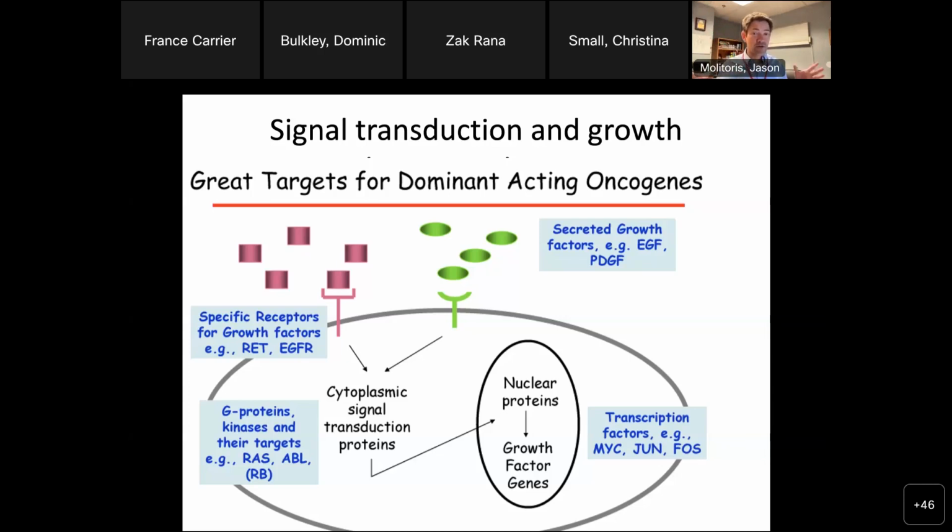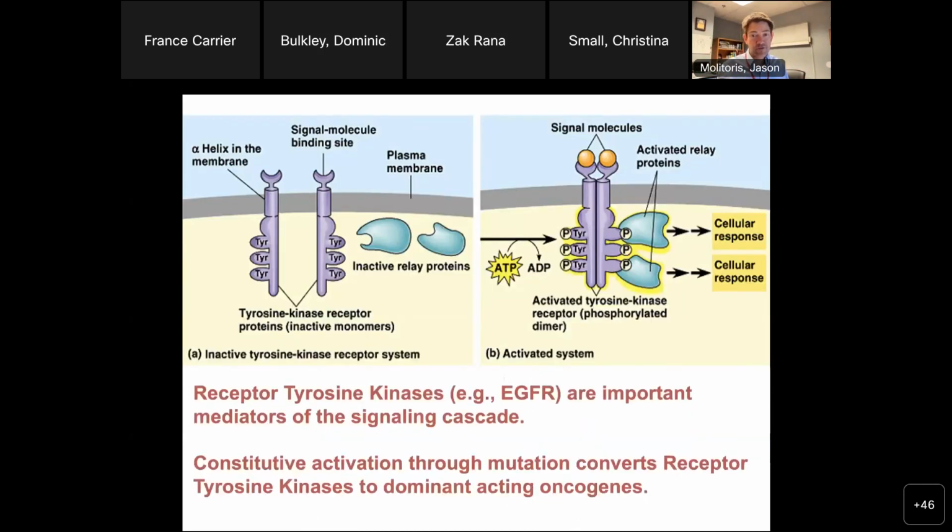There are just enough of them on the cell surface membrane that when they bump into each other, they activate. These lead to downstream transcription factors like MYC, Jun, and FOS, through multiple different pathways. We have some examples of those pathways later on in the talk.